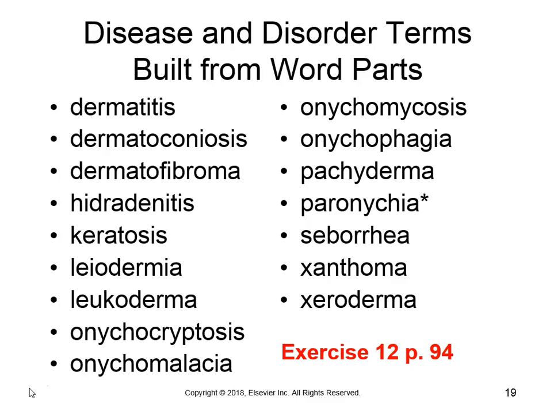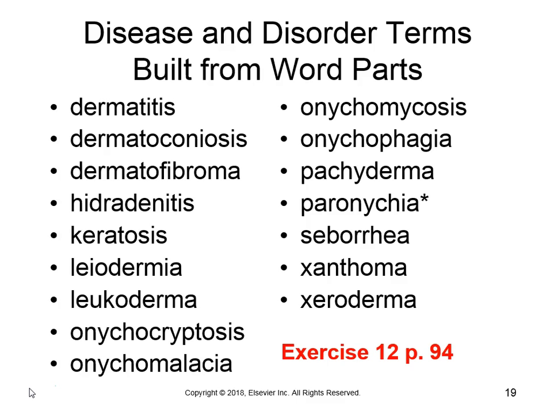Sometimes it's hard to know, so as long as you are using a word part that means the right thing, then I won't discount you any points for that. But one example would be dermatoconiosis. Osis is abnormal condition. And then you go back, abnormal condition of the skin. But we still have conio. So that's an abnormal condition of the skin caused by dust.